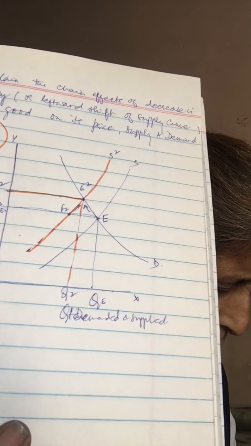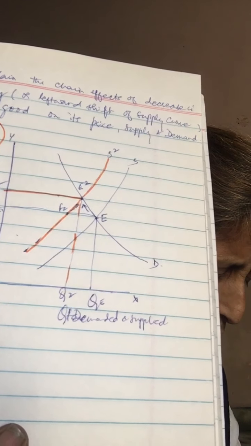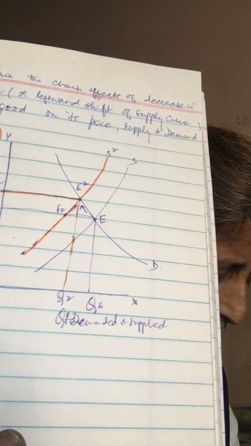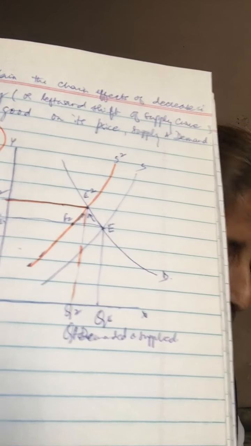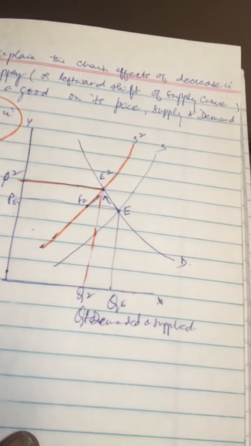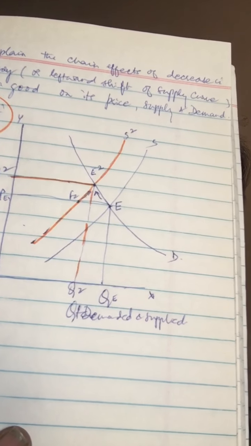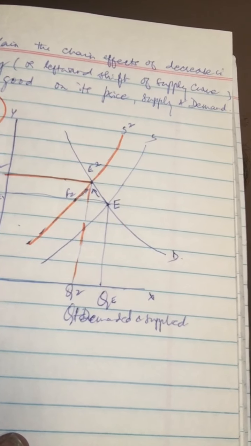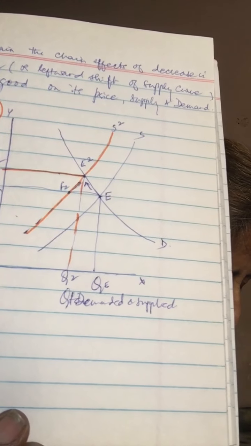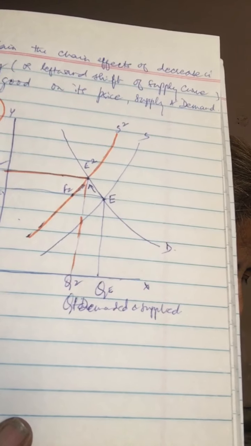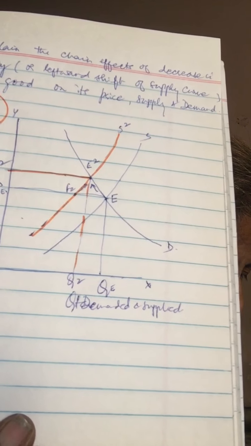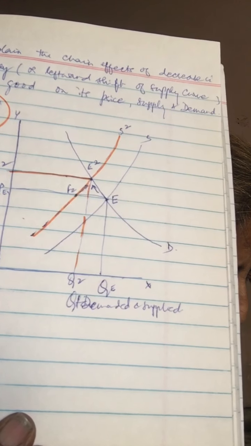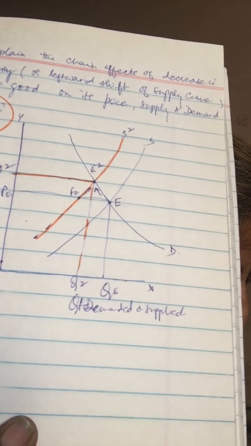Since consumers will not be able to buy all what they want to buy at this price, there will be competition among the buyers, leading to rise in price. So again, there will be a series of expansions and contractions as shown with the help of the arrows, the upward movement on the demand curve as well as the supply curve.